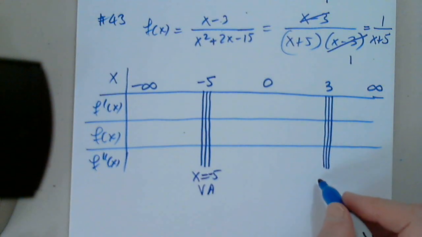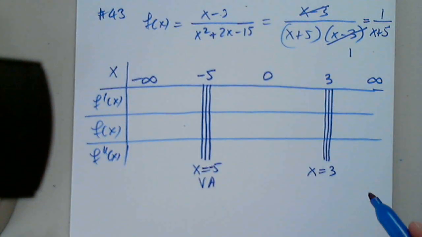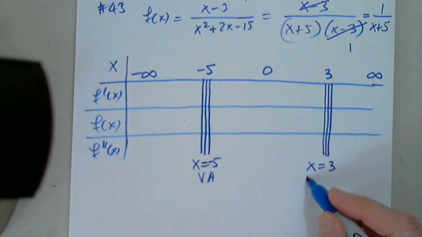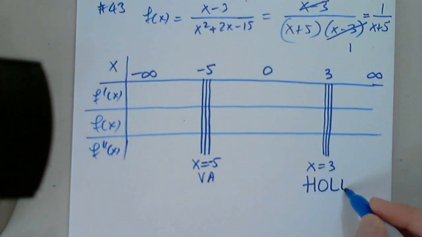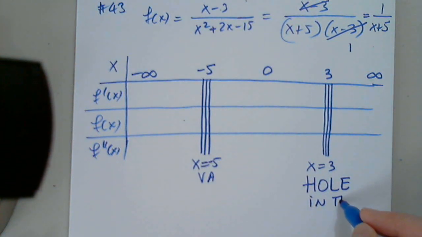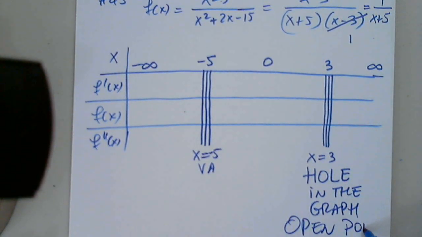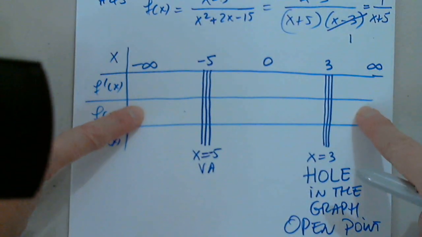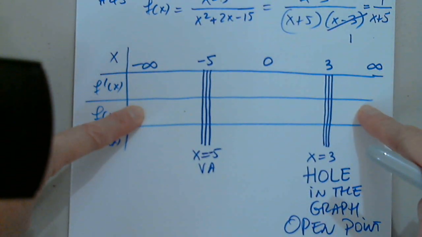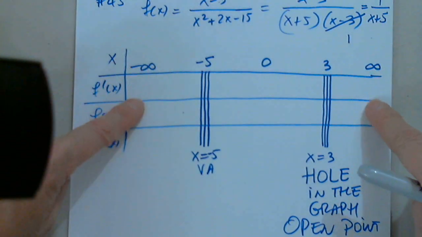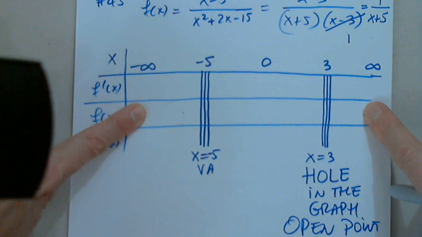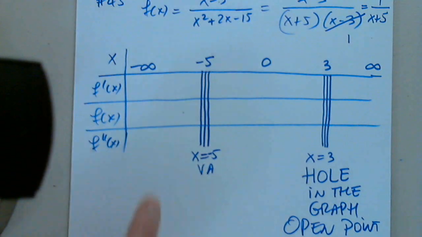And what will this be? A horizontal. Horizontal asymptotes can only be at infinities. We never discuss horizontal asymptotes before we find these limits.